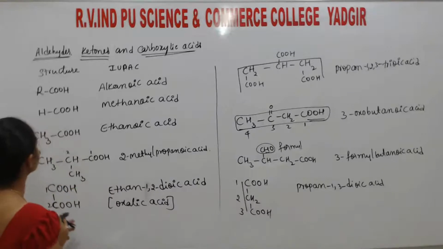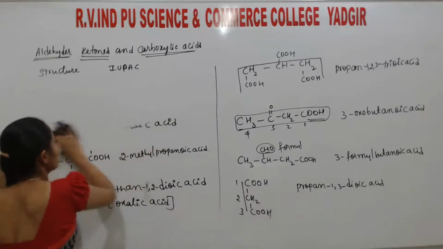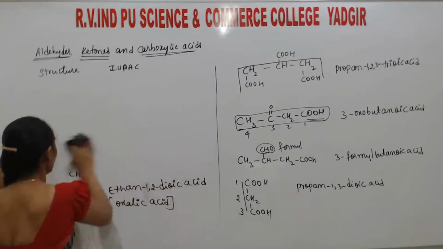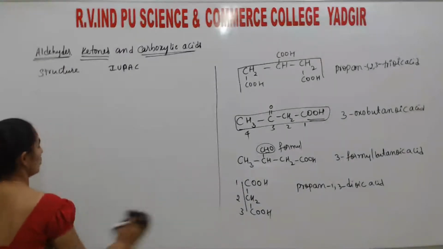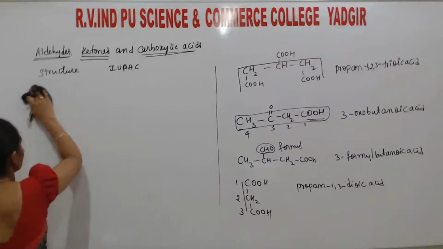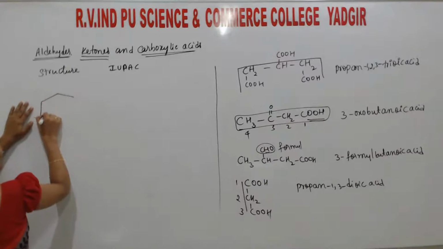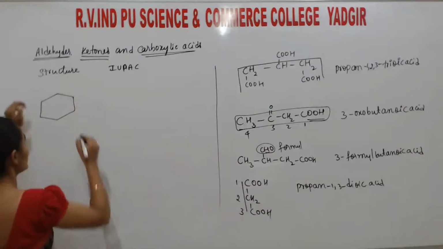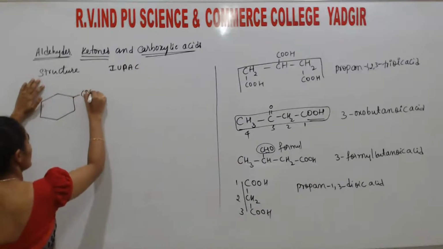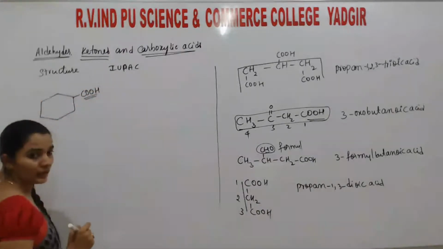Okay, next. So the next one is what? This is all about aliphatic compounds. The next one is aromatic. What happens if the COOH group is attached to a cyclic compound? If a cyclic compound is there, COOH is there, this is not involved in the parent chain.